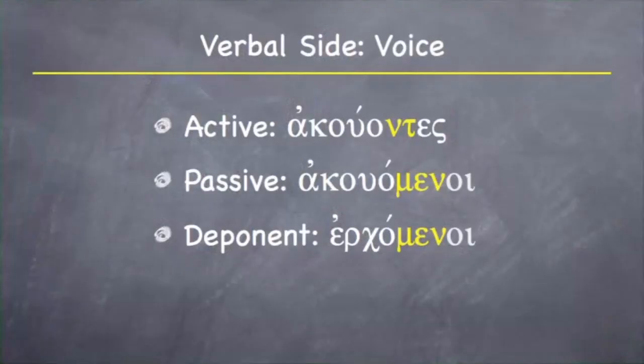It's certainly not an issue of whether it's indicative or non-indicative. So if you have a verb like erchomai, you know that it's deponent in the present. It's going to be deponent in the present indicative. It's going to be deponent in the present participle, okay? So if you come across the form erchomenoi, okay, there's the men. That tells you that it's a participle.